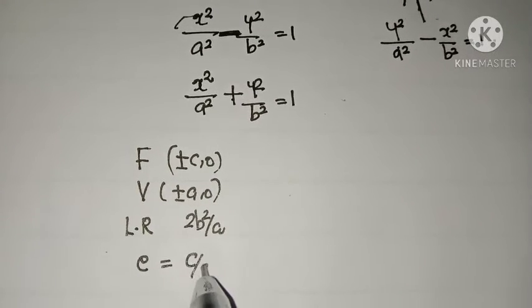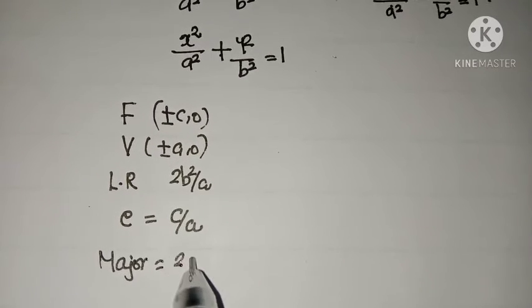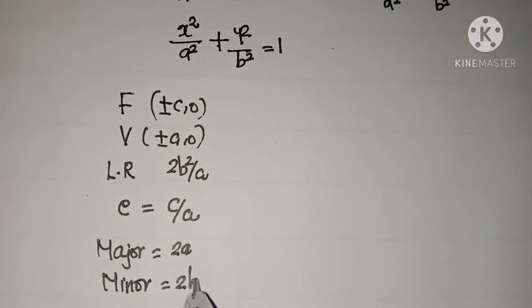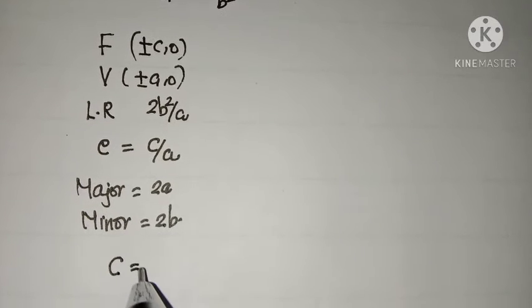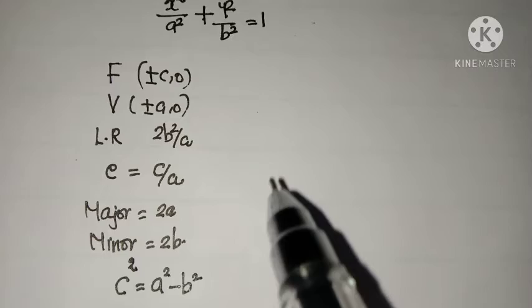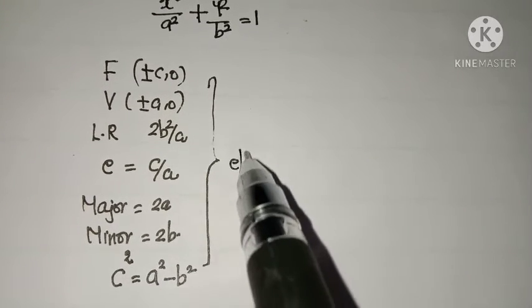Eccentricity is c by a. Length of major axis is 2a. And length of minor axis is equal to 2b. Okay. Then what is c? c square is equal to a square minus b square. So all these are about the ellipse.